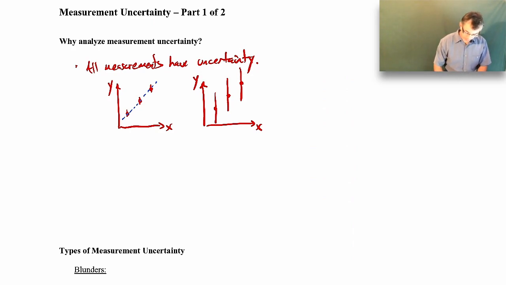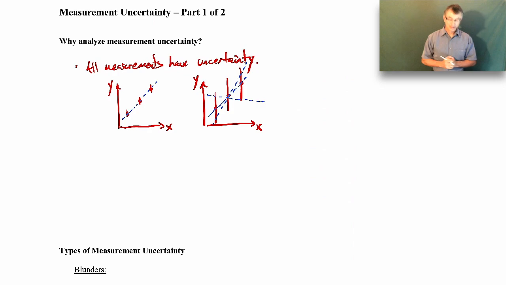So if we were going to try to put a trend on here, it could go something like this, possibly, or it could go something like this, or it could even go something like that. We don't know. The measurement uncertainty is so large, we don't know where the real value lies in that range. So we're much less confident in that data, and we can draw fewer conclusions from it. The uncertainty is too large to really have confidence in the data itself.